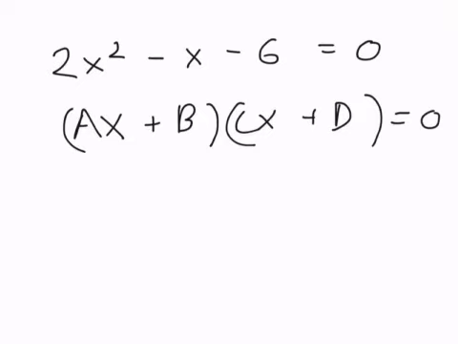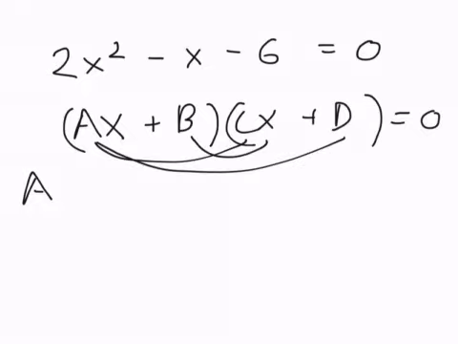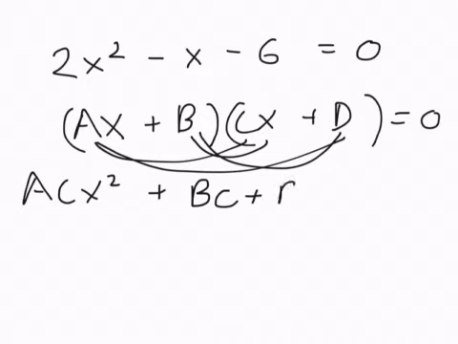How? Well, let's try and open out those brackets, first of all. If we open it out, remember, everything multiplies by everything. We get acx squared plus bc plus bd, that is certainly not correct.